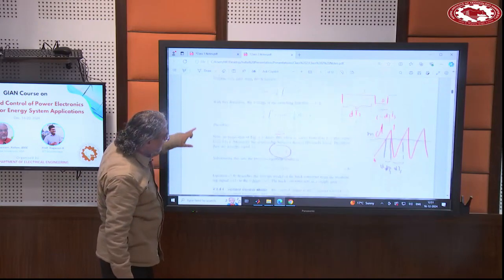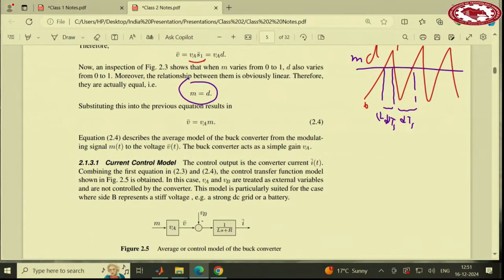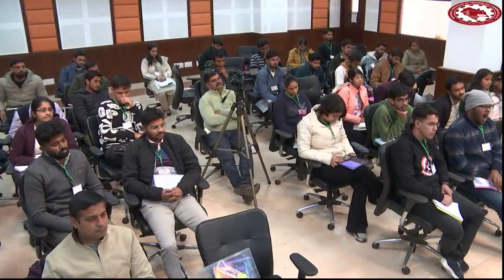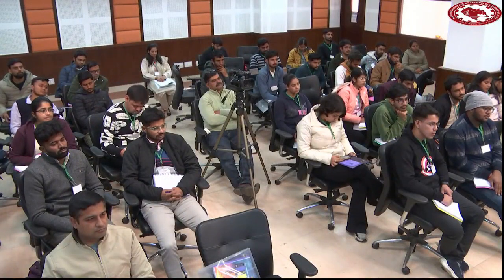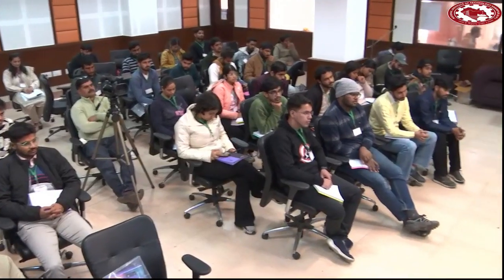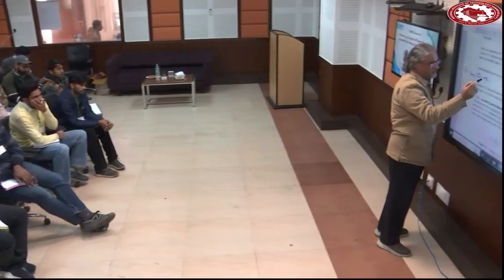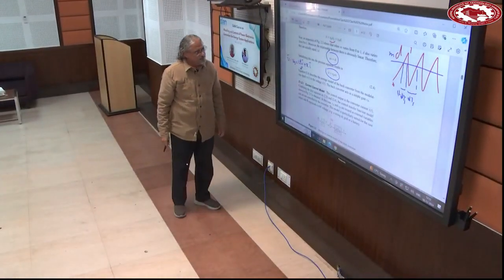So put all these together, and then you will see that now I have V bar equal VA into M. That's this voltage across the diode. And this voltage, V bar, minus VB is equal to L dI over dt plus RI. These are I bar, to be accurate.